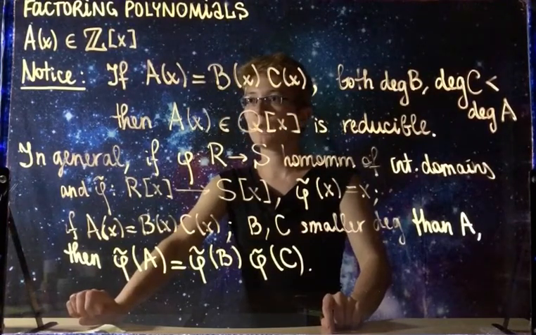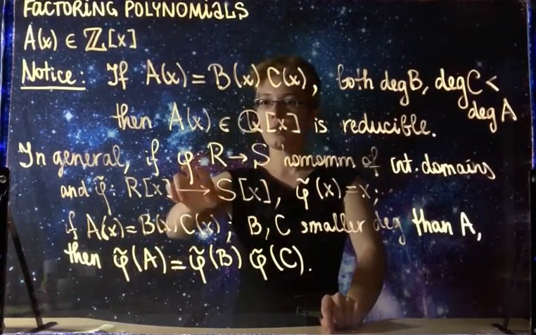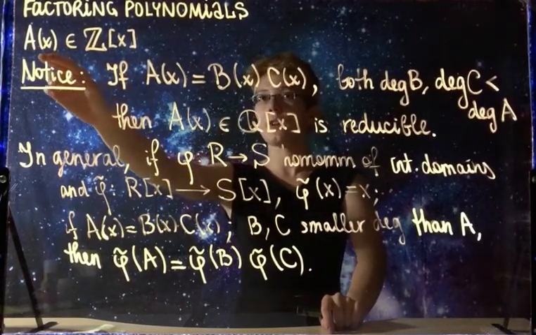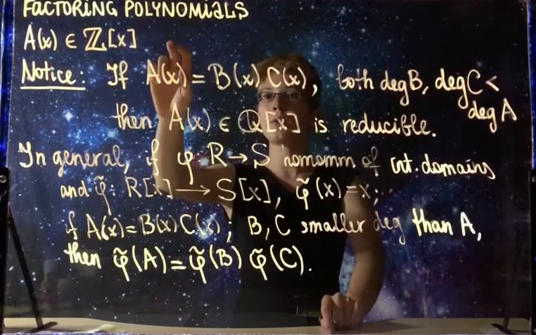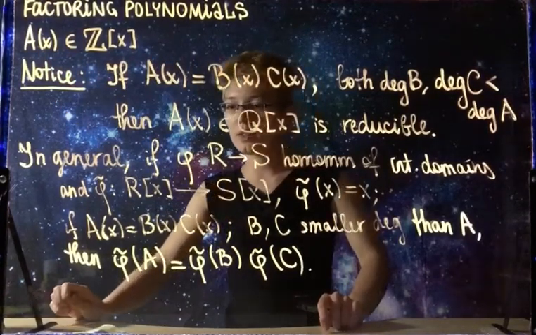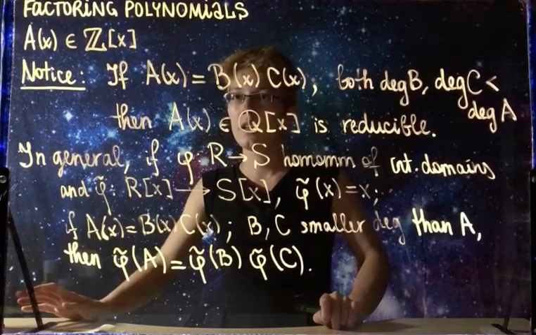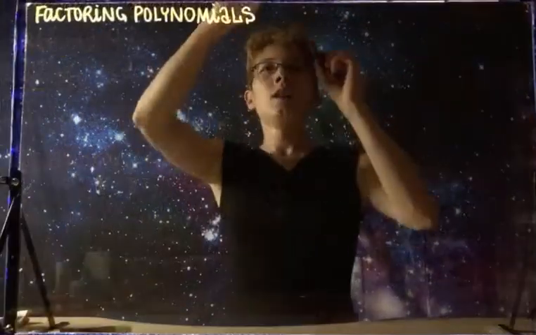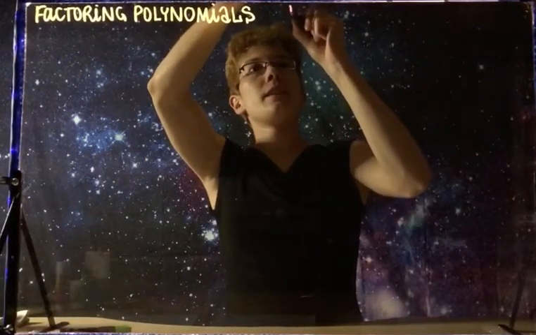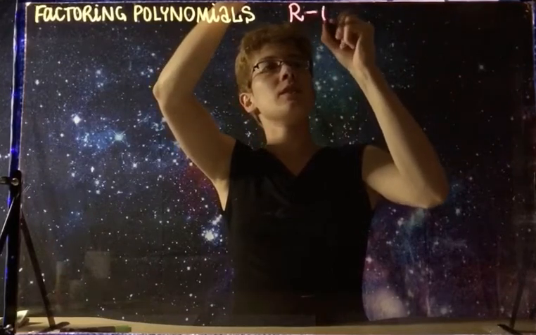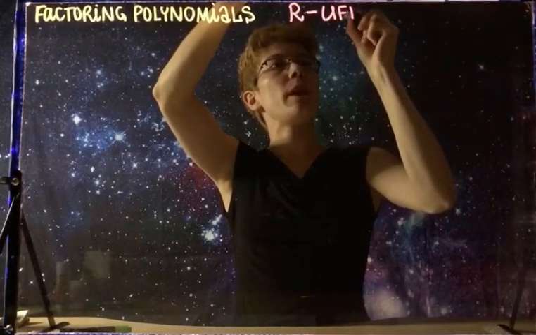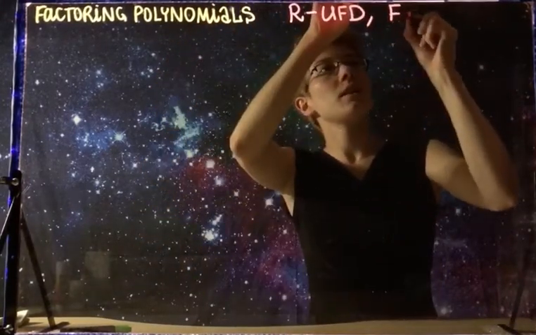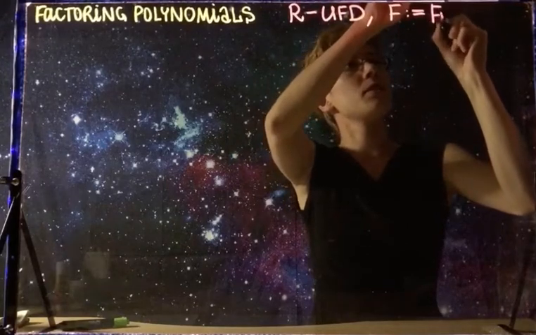So we can study polynomials A of x by considering their coefficients as coefficients in some other ring. And I will start with formulating a first lemma or a particular case about this observation. I would like to fix my standing assumption that R is a unique factorization domain and F is its field of fractions.